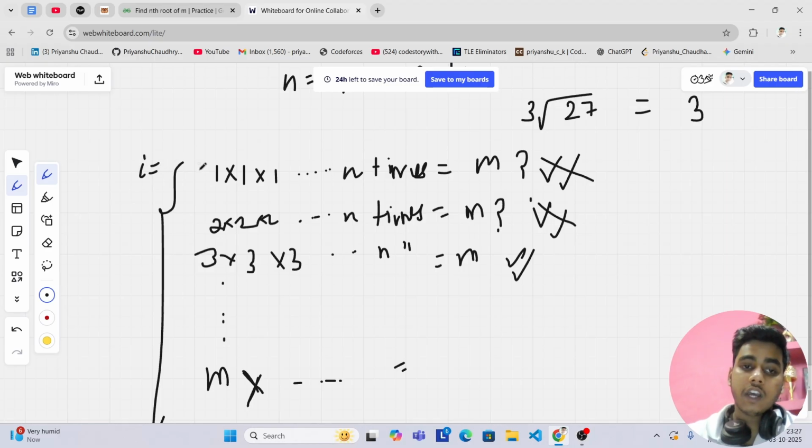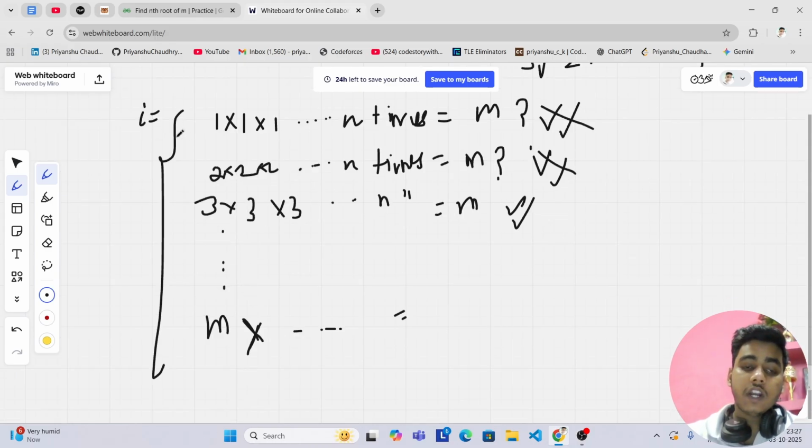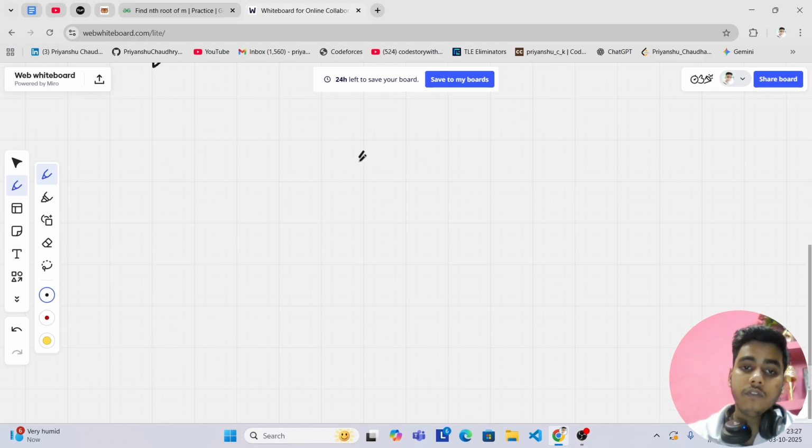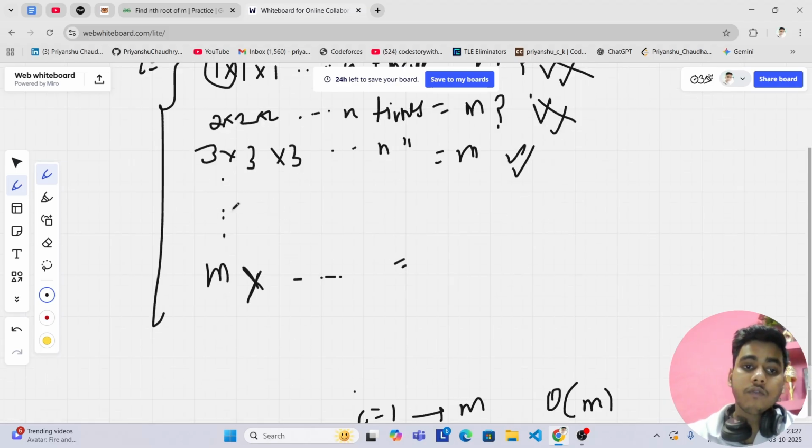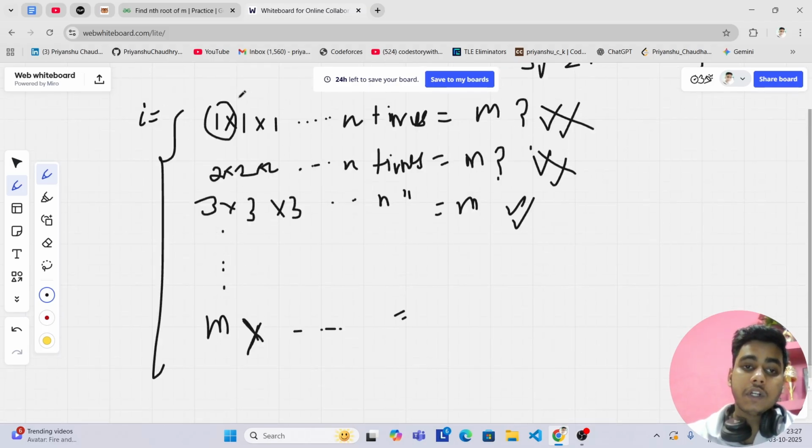Let's say if I start i from 1, then I can say i is my answer. But we can see that if we try to move i from 1 to m, this will take linear time complexity of big O of m. We just have to multiply 1 n times, then go to 2 n times, then 3 n times, and check whether this multiplication turns out to be m.